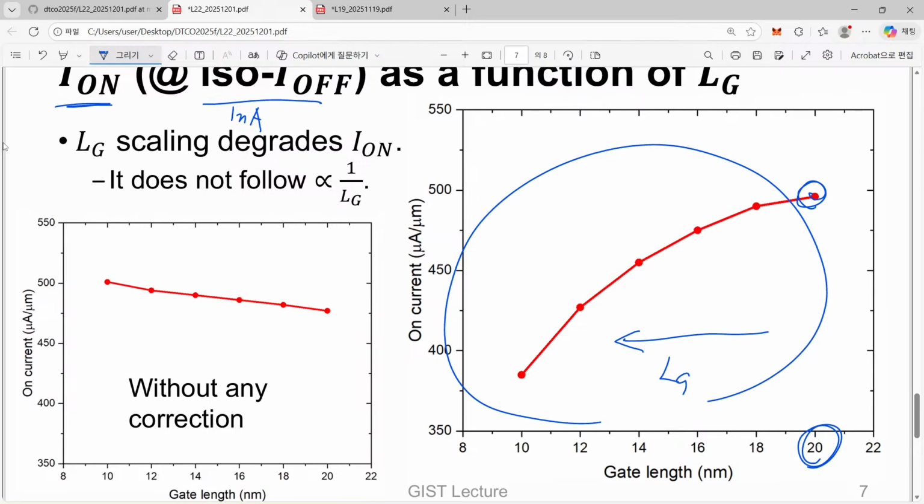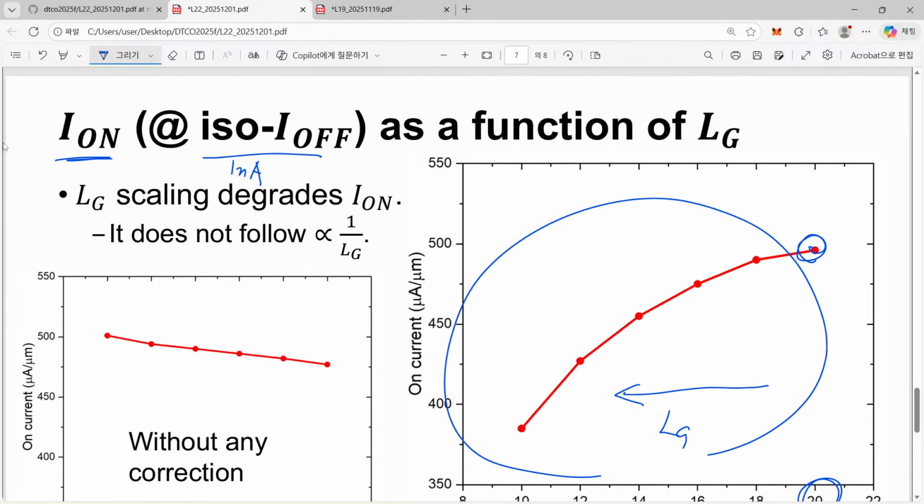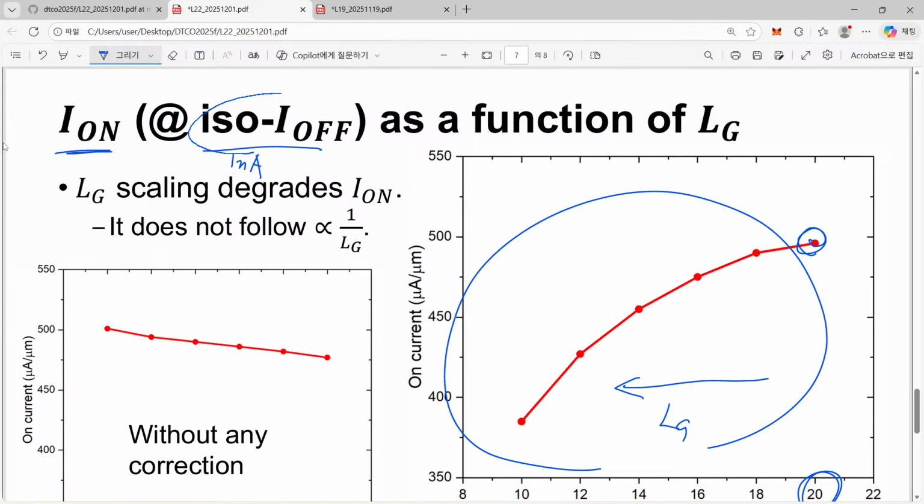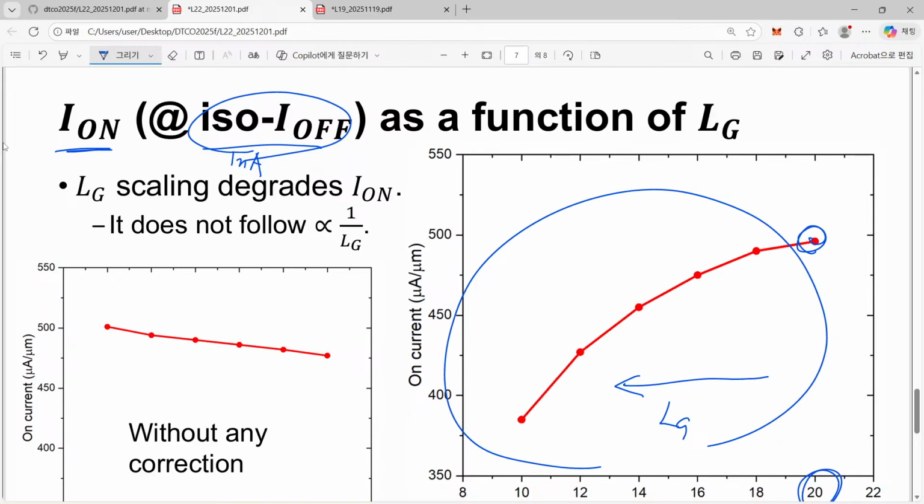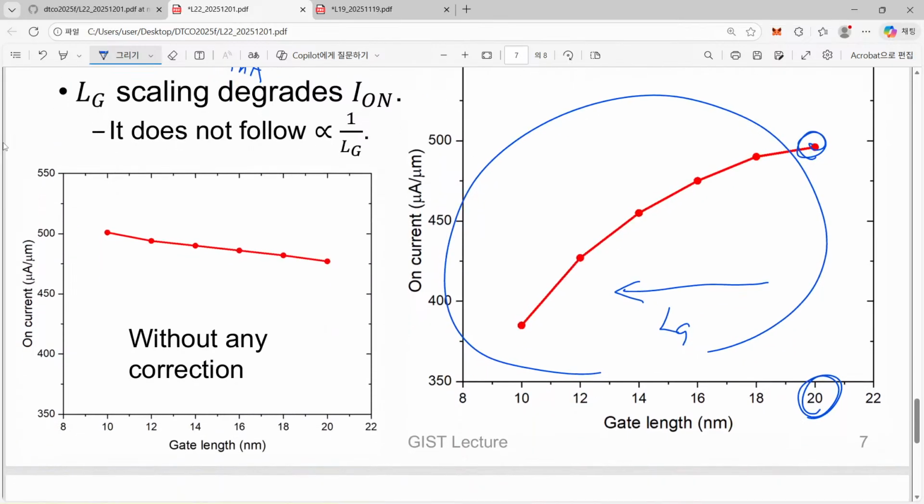However, if we consider a more realistic one with iso off current condition, then you can see that if we decrease gate length, there is a rapid reduction of our on current. So simply speaking, we should not reduce our gate length. We must keep this value.